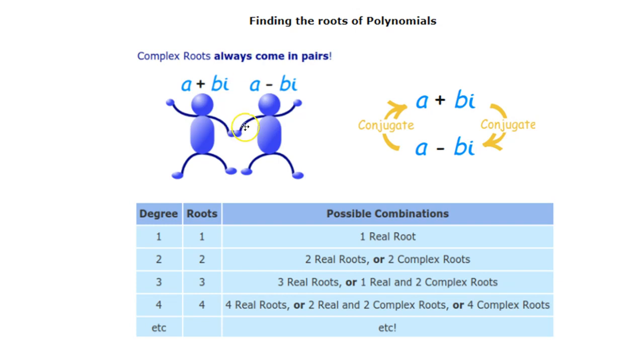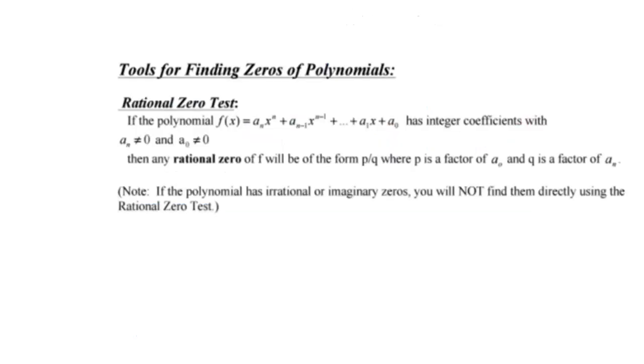So that's the first thing we can come up with, how many solutions we have. The second thing we can come up with is how many real solutions we may have and how many complex solutions we may have. And I can use some tools to find what the zeros of the polynomial are.